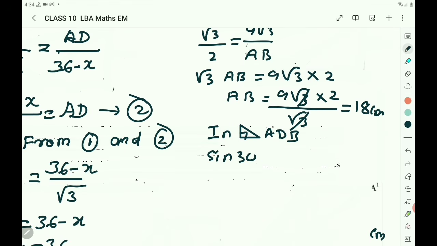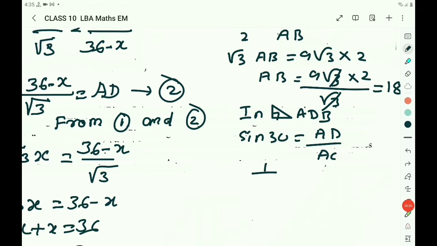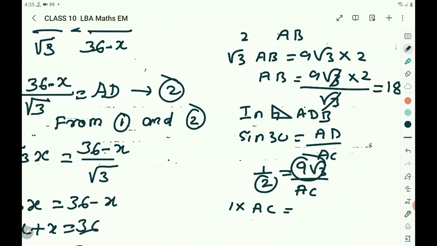Sin 30 degree equals opposite side AD by hypotenuse AC. Sin 30 is 1 by 2. Sin 30 is 1 by 2 equals AD is 9 root 3 by AC, which is to be found out. Write AC only. 1 into AC equals 2 into 9 root 3. 9 root 3 into 2.